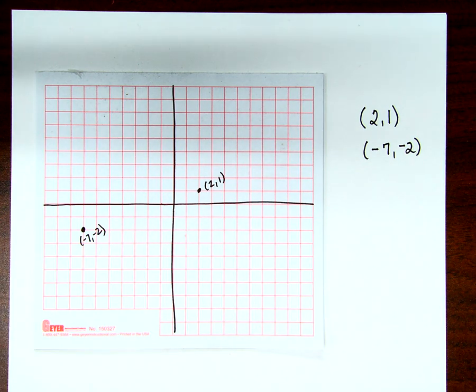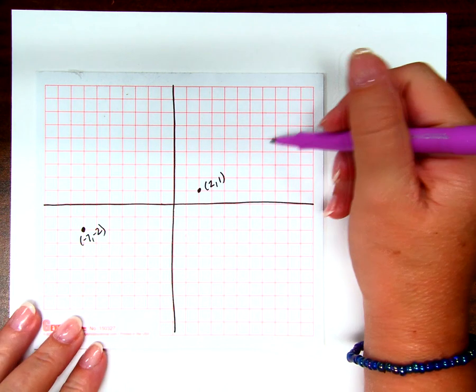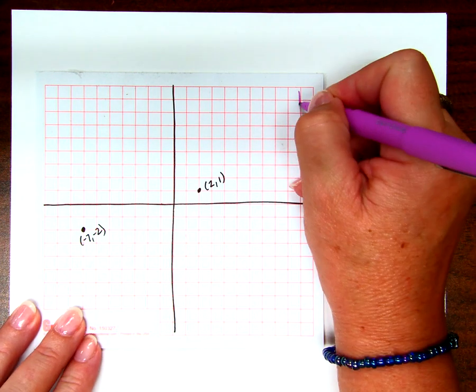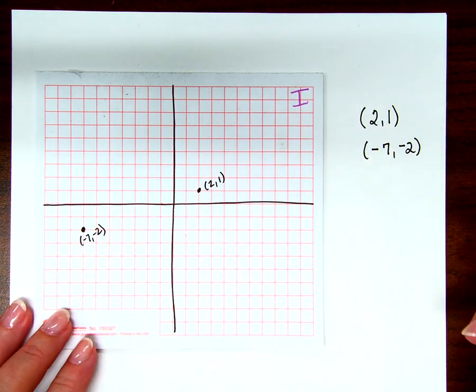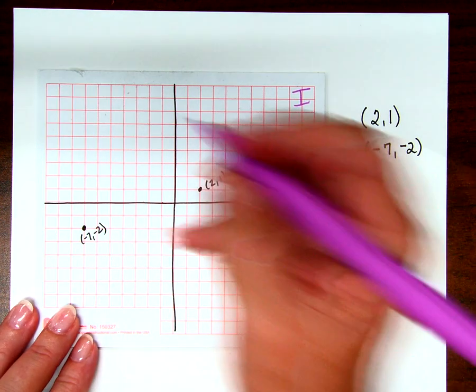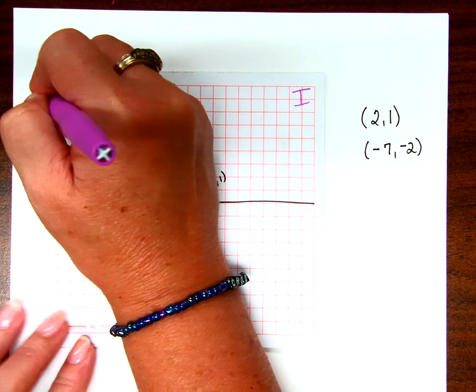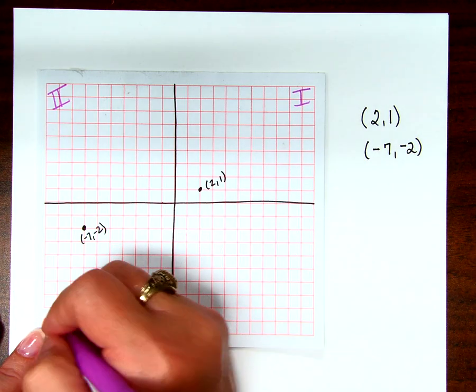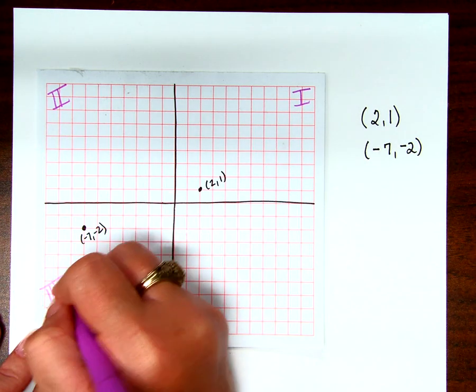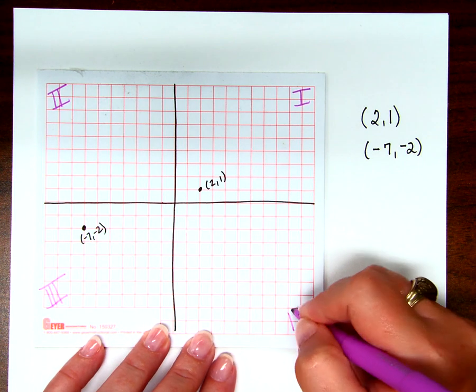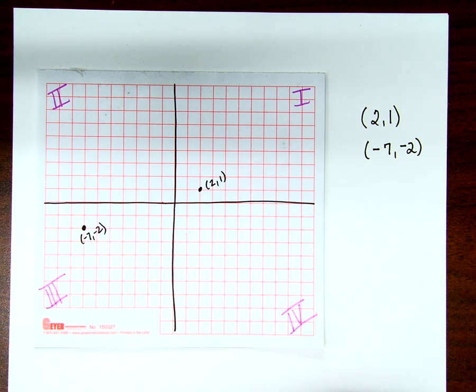What quadrant is this right here? That's quadrant 1, right? Where's quadrant 2? Good. Quadrant 3? And quadrant 4. Okay? The signs of the quadrants.